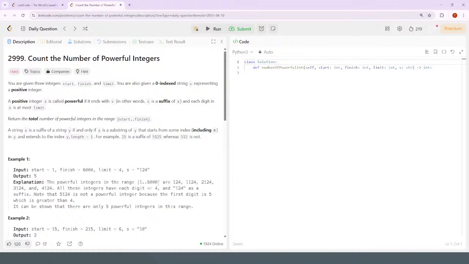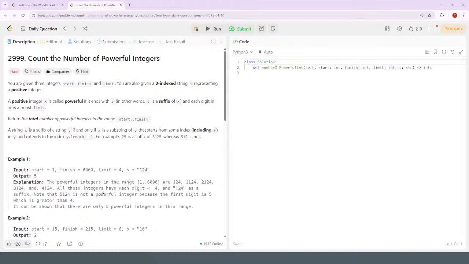Powerful integers in the range 1 to 6000 are 124, 1124, 2124, 3124. All these integers have digits at most 4, which is the limit, and 124 is the ending of each.